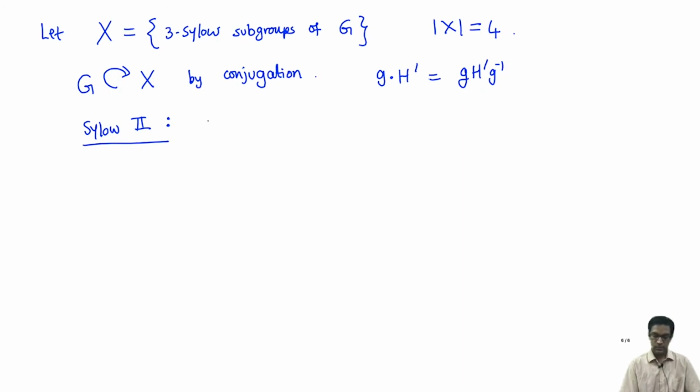So what Sylow 2 tells us is that this action is transitive. In other words, there is a unique orbit. Or to use a word which we introduced in the earlier problem session, this action is transitive.